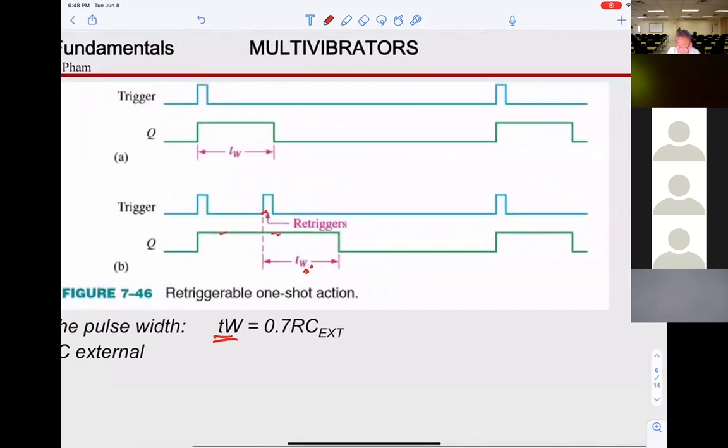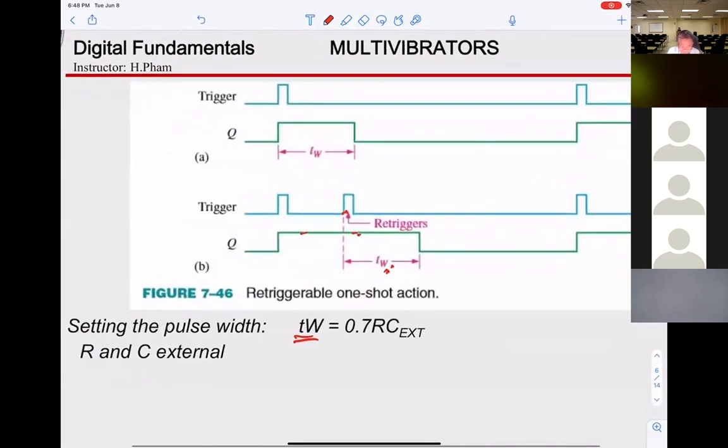What makes one retriggerable and one non-retriggerable? This is a re-trigger. Right, but when it re-triggers, it's still within the TW. That means they can re-trigger for this quantity TW. Right, but doesn't it have to be after TW? If it's within TW, shouldn't it ignore it?